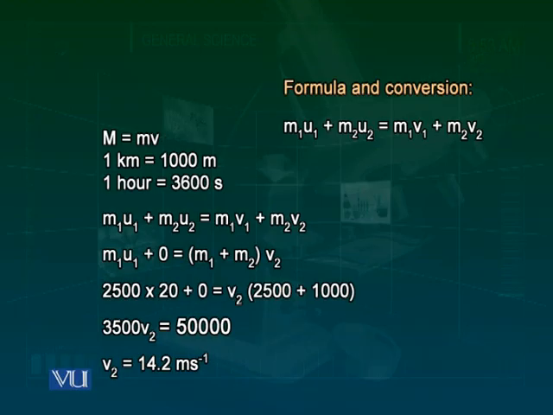The initial momentum, of course, will be 2,500 into 20, which is 50,000 Newton seconds. The final momentum is the mass of the two vehicles, which is 3,500, multiplied by the velocity v2. So 3,500 v2 is equal to 50,000, giving us a velocity of something like 14.2 meters per second.